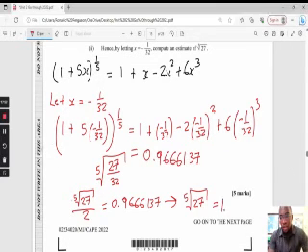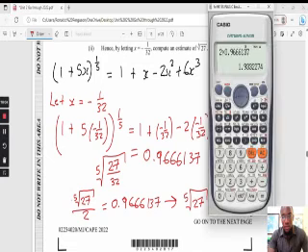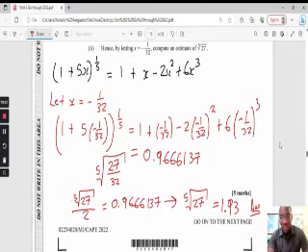That's our approximation, 1.93. And you can always check and see if you're okay. So check it out. Fifth root of 27, and let's see how much it gives us. 1.93, just like what we get. So we know our answer is solid.